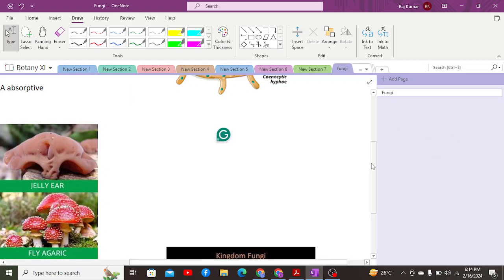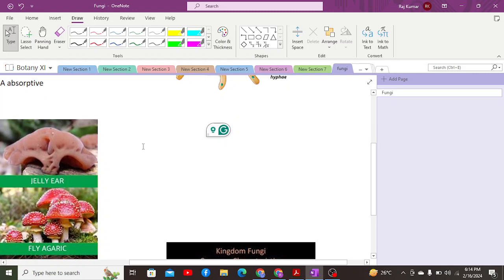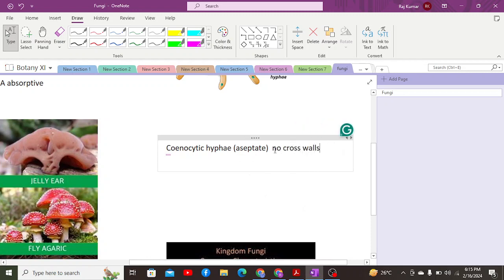They have either a cenocytic hypha, which is also known as aseptate hypha. That aseptate hypha has no cross walls between them.